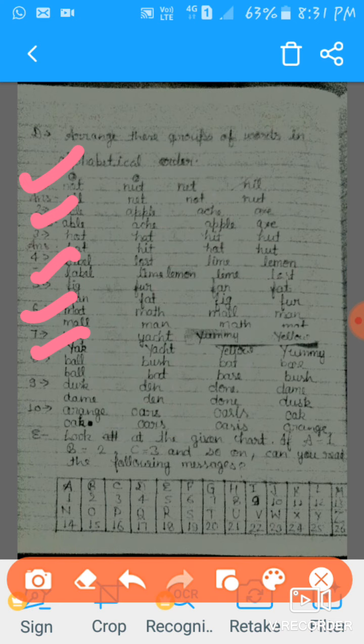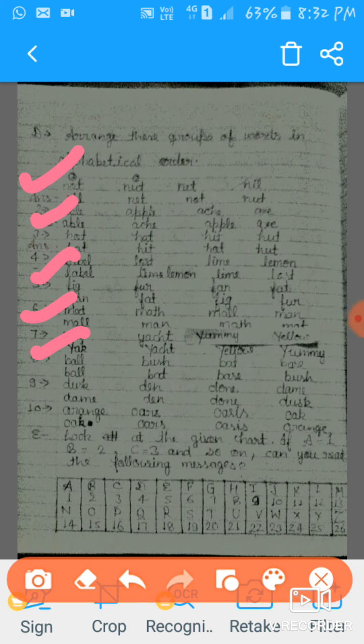Okay. Now tenth is orange, ors, oasis, oak. Okay. Now you will arrange: oak, oasis, orange, ors. Okay.